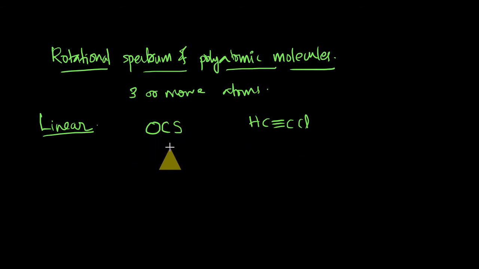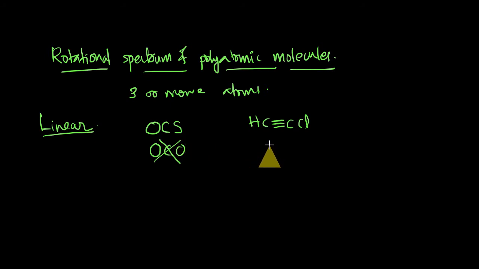OCS is similar to OCO, or carbon dioxide, but carbon dioxide cannot be studied here because it does not have a permanent dipole moment. So carbon dioxide will not give a microwave spectrum, but OCS will because it has a permanent dipole moment.